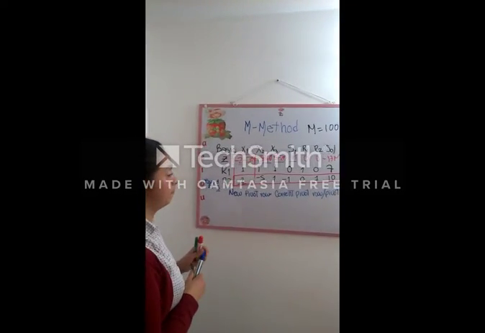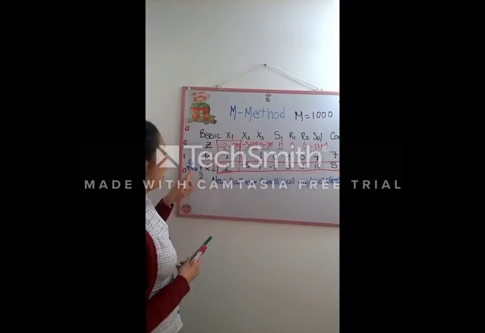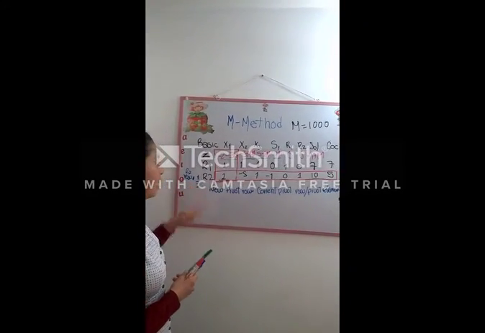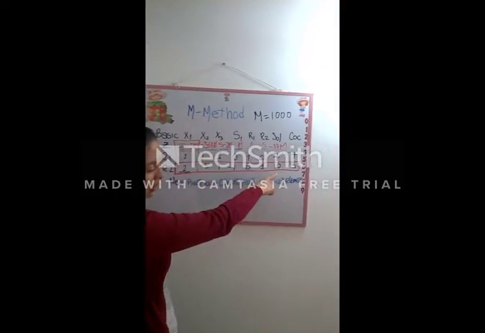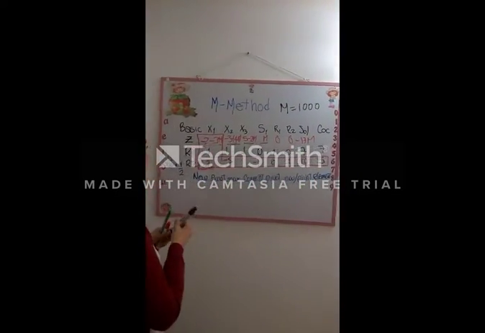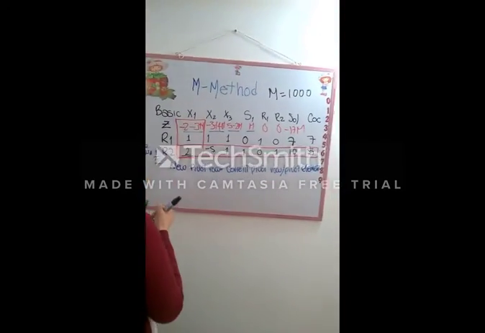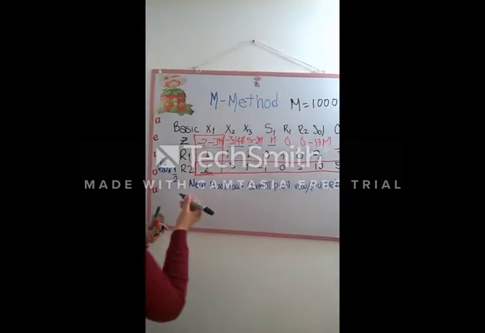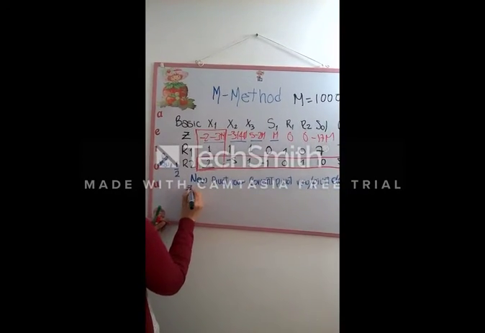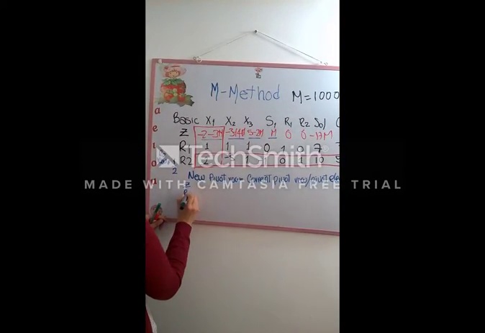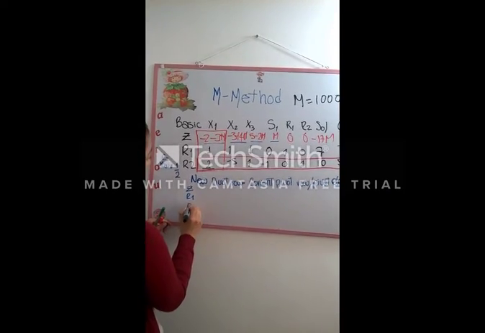For 1, I have to multiply for all the row. We have C, R1, R2.